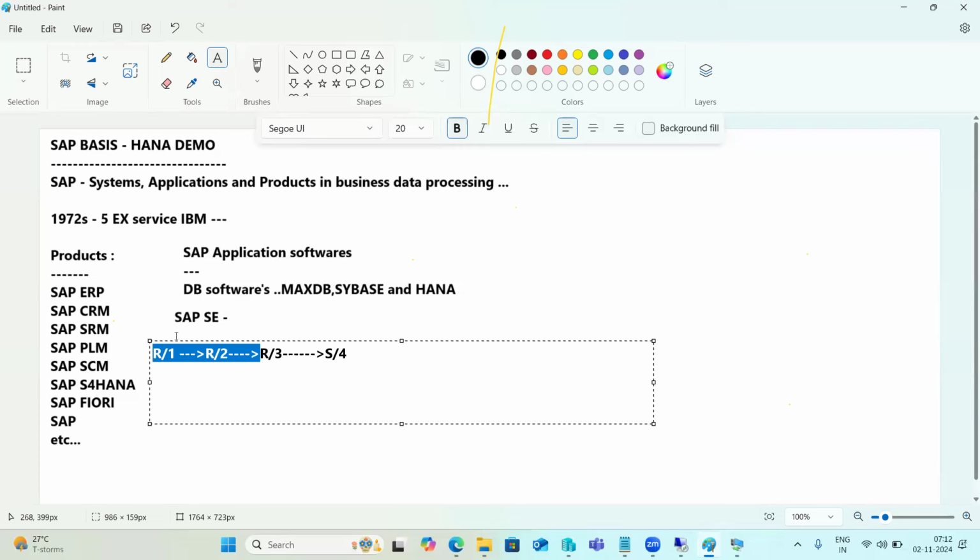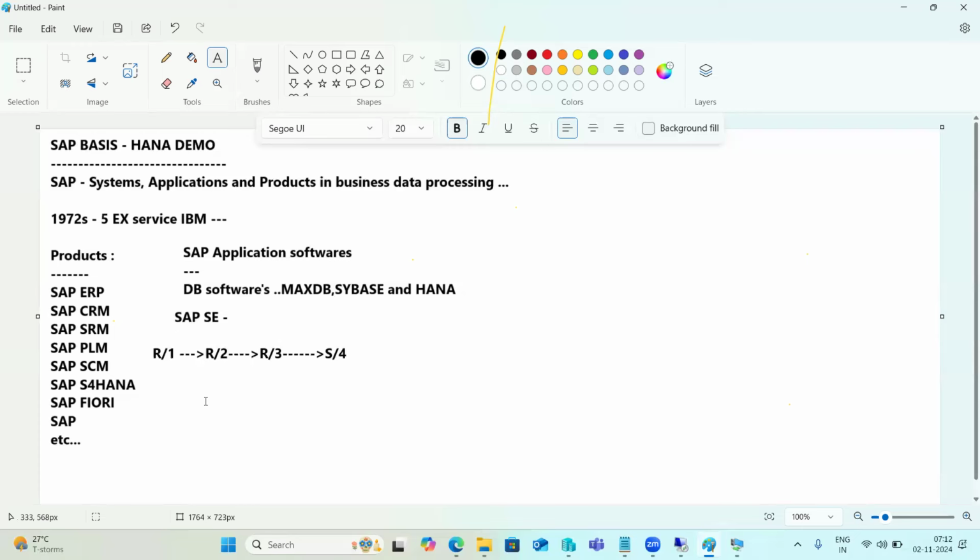In 1972, the first name was different. It was not SAP meaning Systems, Applications and Products in Data Processing. First the naming convention was different for them. It was called SAP meaning System Analysis and Program Development.